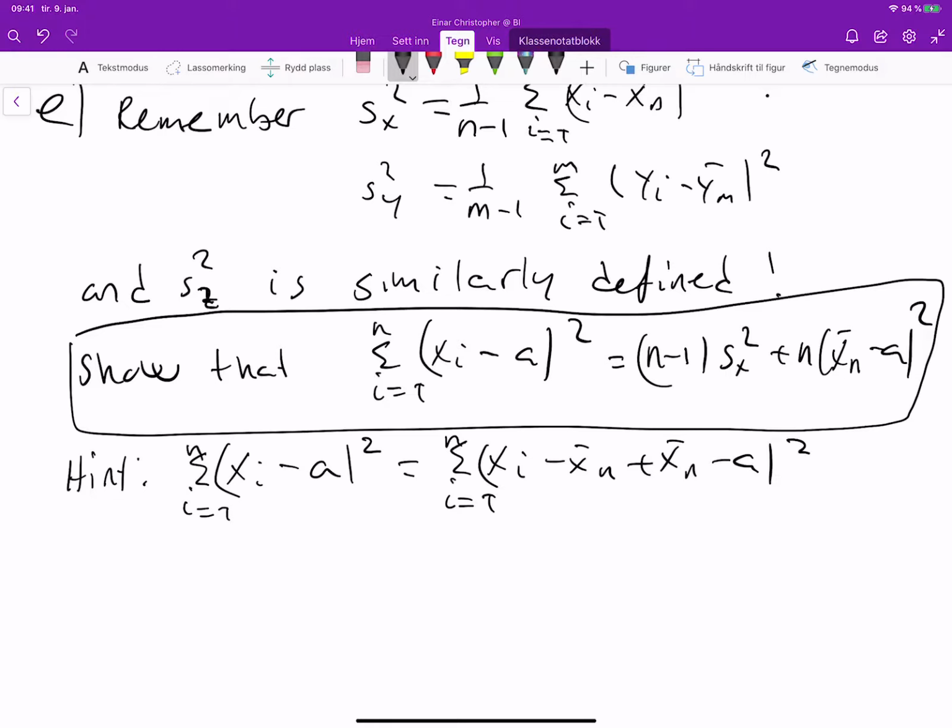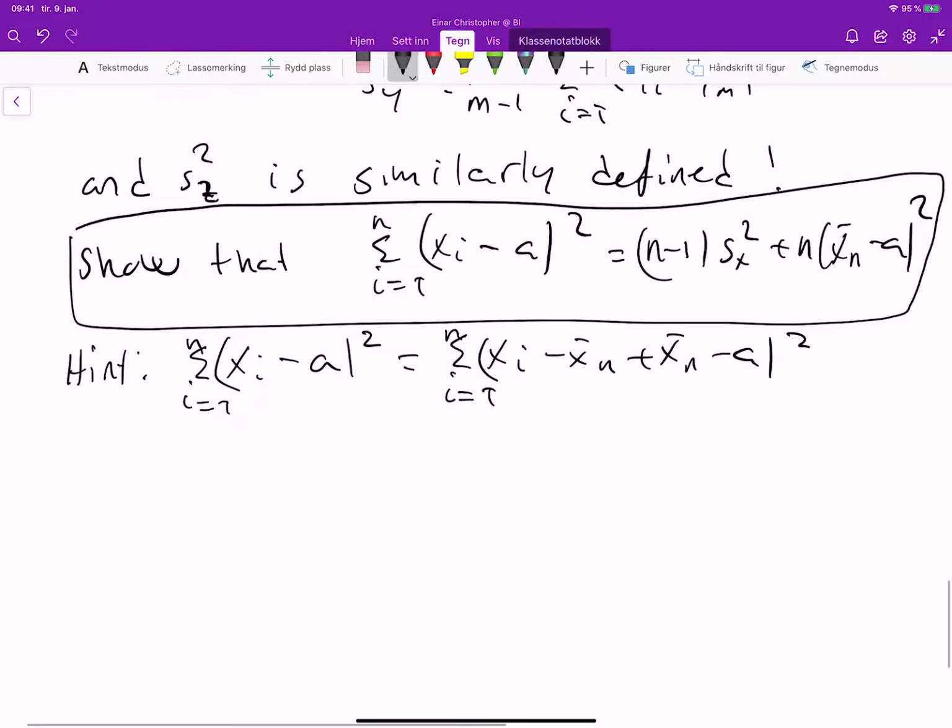Why is this correct? Because we haven't added anything actually. We have subtracted x bar n and added x bar n, and that's actually like adding 0. So we can just do this.